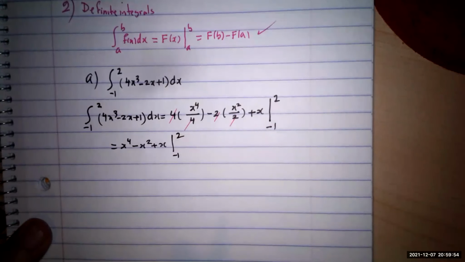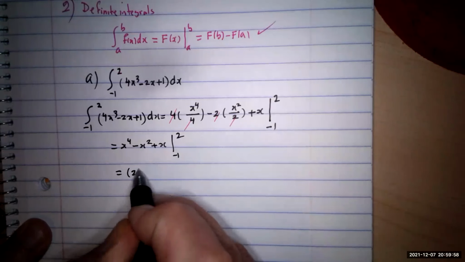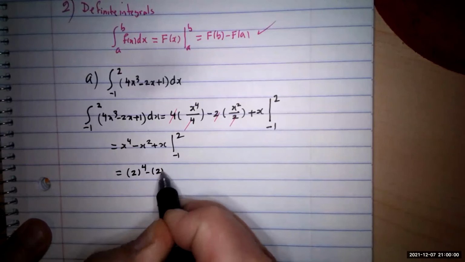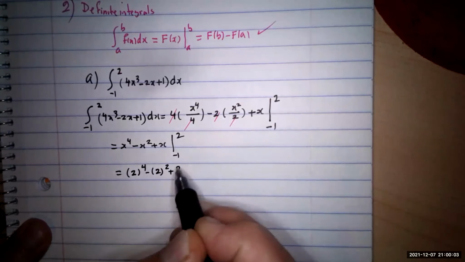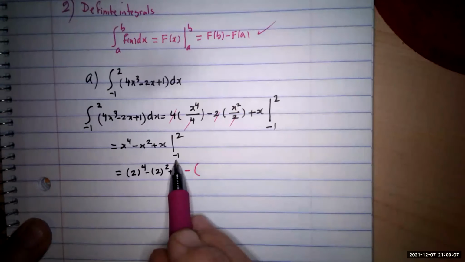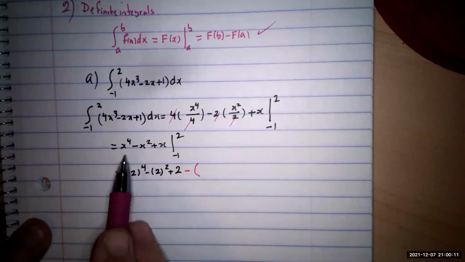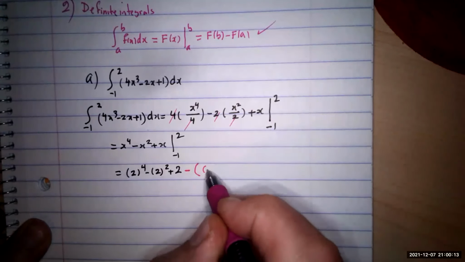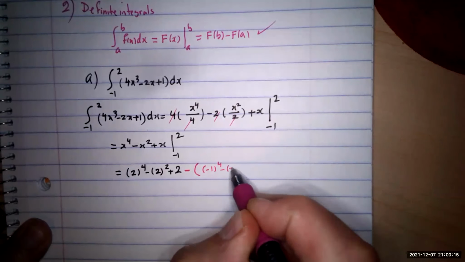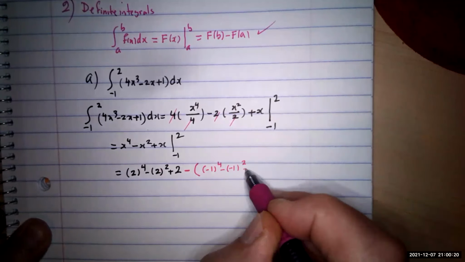Substitute 2 first. So it's going to be, use parentheses, (2) to the 4th minus (2) squared plus 2, minus, open up the parentheses and try the -1. Always use parentheses. So the -1 again: (-1) to the 4th minus (-1) squared plus (-1).